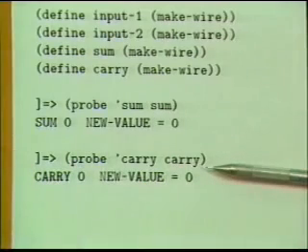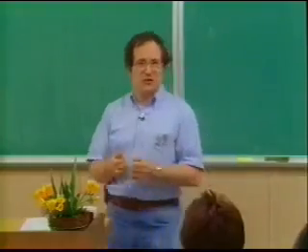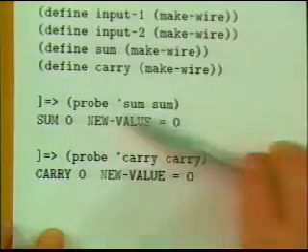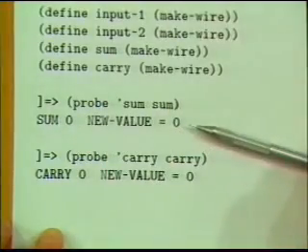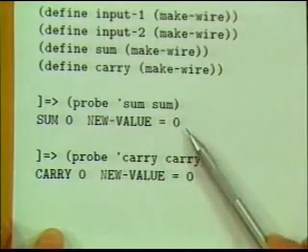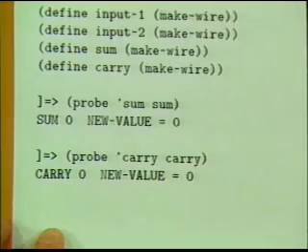A probe is an object that has the property that when you change a wire it's attached to, it types out a message. It's an easy thing to do. And then once we have that, of course, when you put the probe on, the first thing it does, it says the current value of the sum at time 0 is 0. And the value of the carry at time 0 is 0.